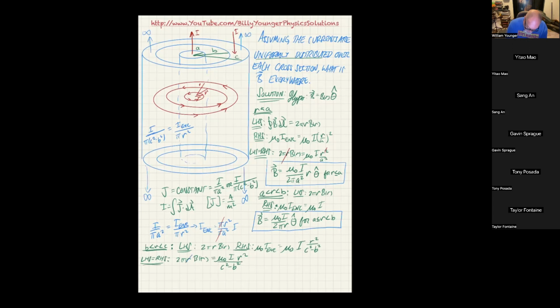Also notice that this r cancels out with that r. And again, I get a linear type relationship so that we find B is equal to mu 0 I times r over 2 pi times c squared minus b squared.